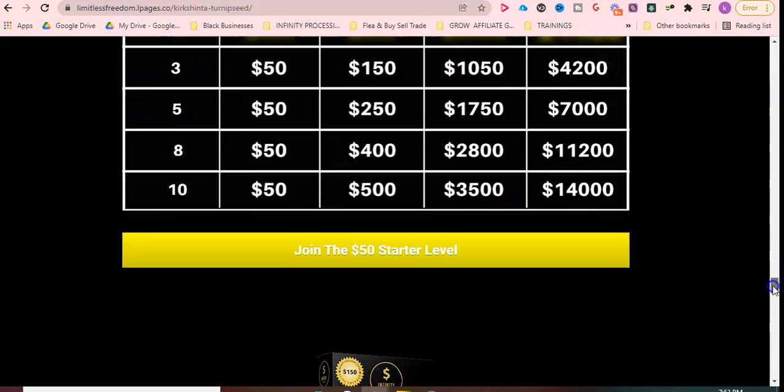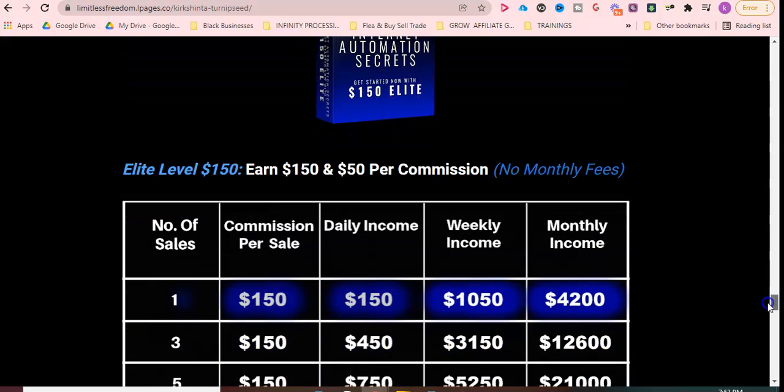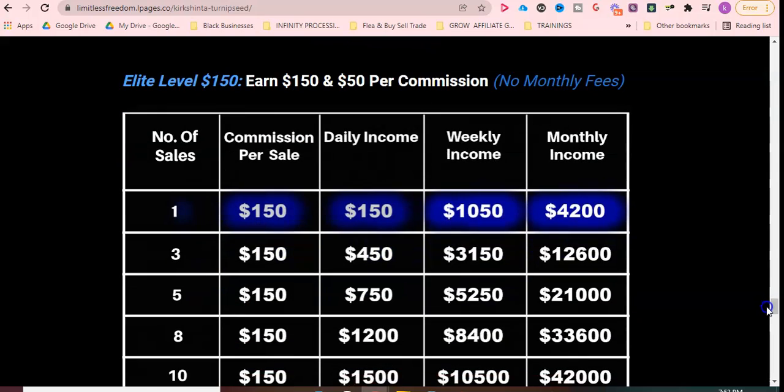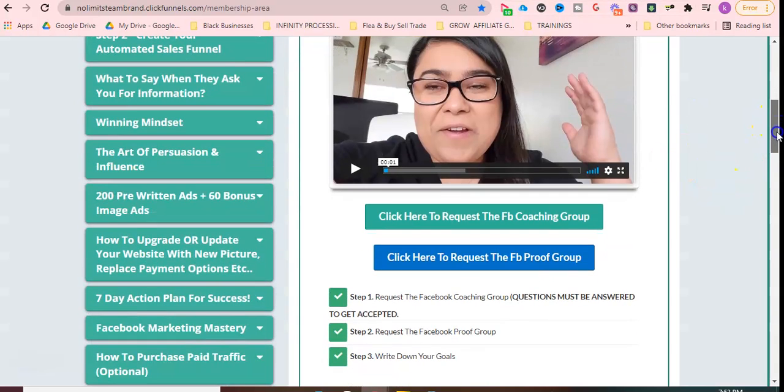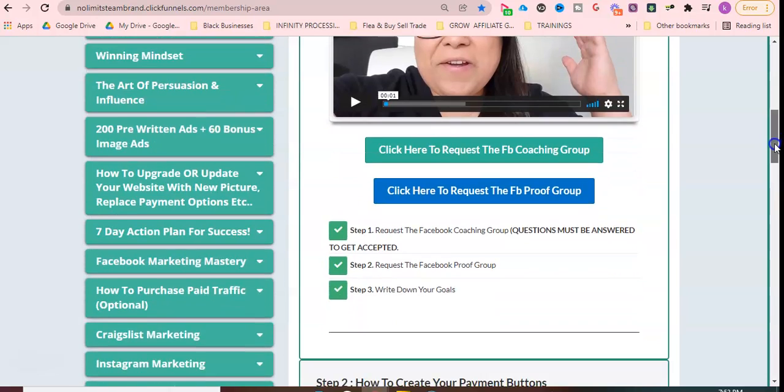So that's the compensation plan in a nutshell. Remember, there's no monthly fees. Remember, there's no cap. Remember that you can receive commissions however you want: PayPal, Stripe, Cash App, and Zelle. And that you get access to an actual membership area that teaches you how to market as an online affiliate marketer and make affiliate marketing a way of life for yourself.